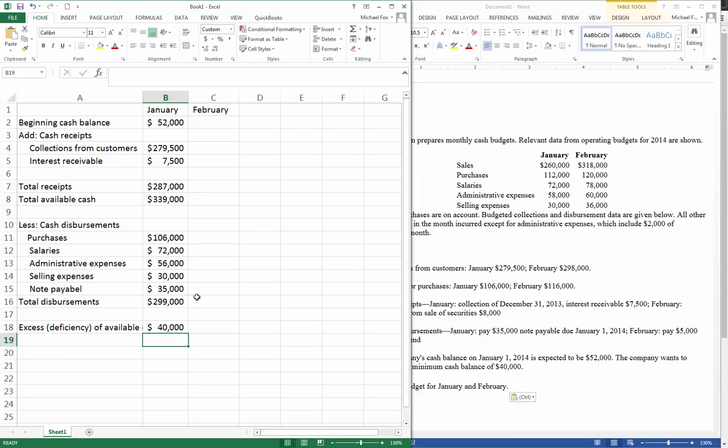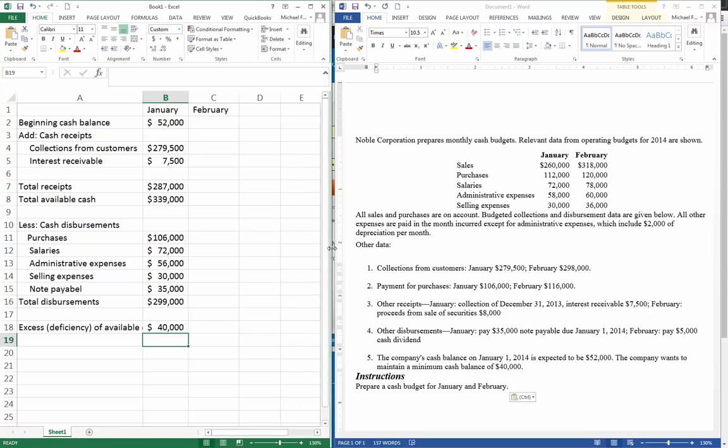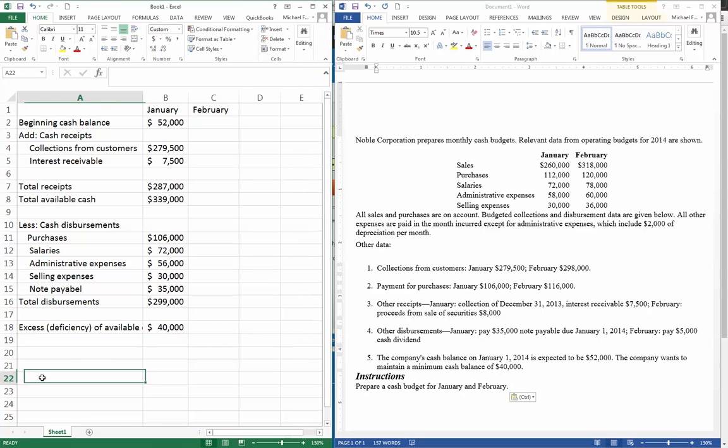So we have $40,000 in cash left over, and that should do us. We don't need to borrow any money. It says here that they want to maintain a minimum cash balance of $40,000. So we have that $40,000, so we don't need to do any borrowing or anything like that. So that's going to give us an ending cash balance of $40,000. That means when we roll into February, we'll start with $40,000.